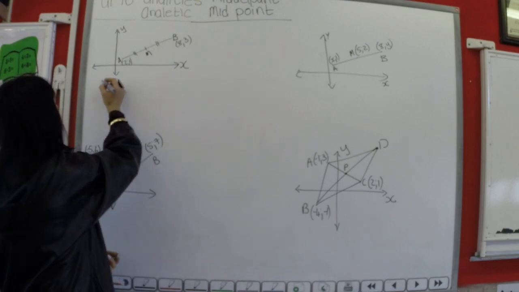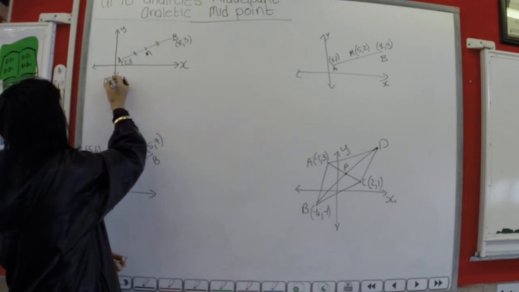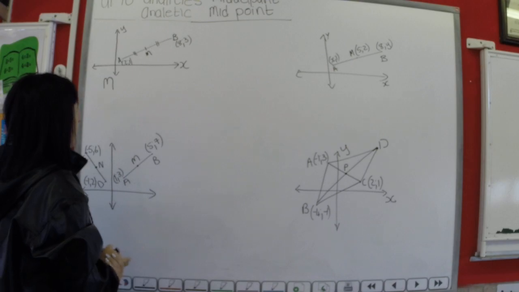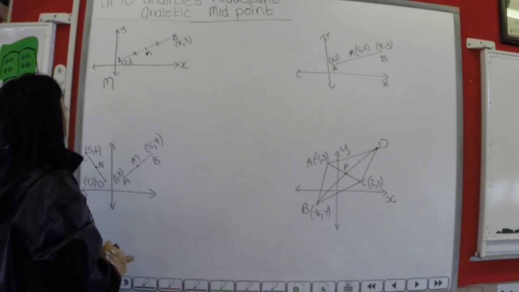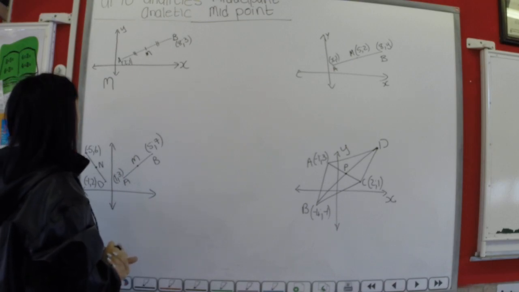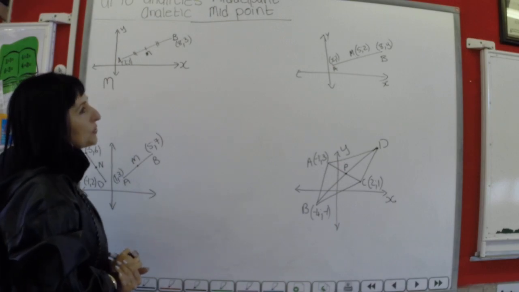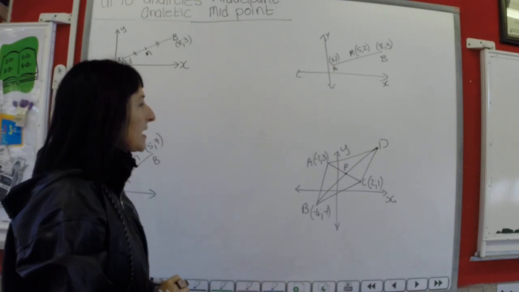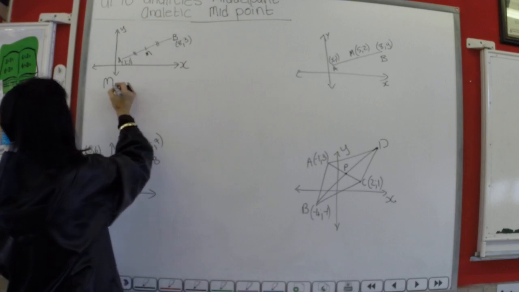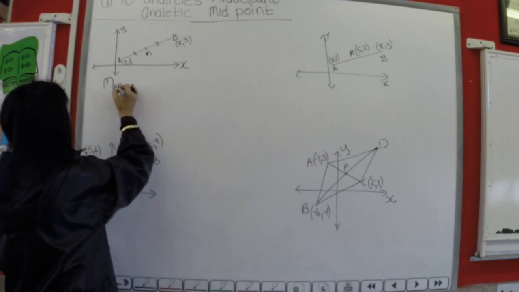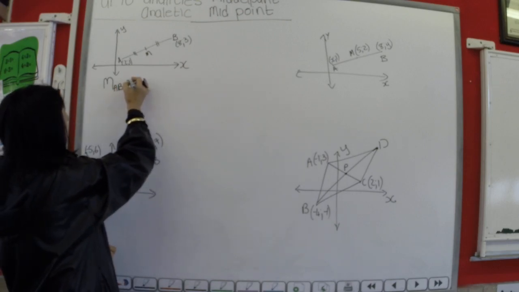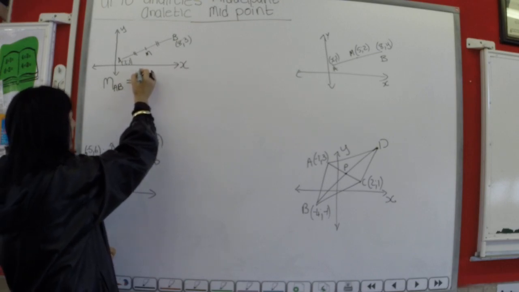So the midpoint of this line segment is M. We use an uppercase M, ons gebruik 'n hoofletter. M vir middelpunt van A, B gaan gelyk wees aan, en kyk nou ons formule.